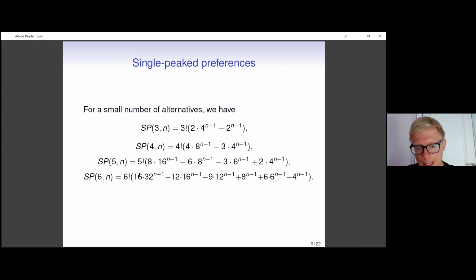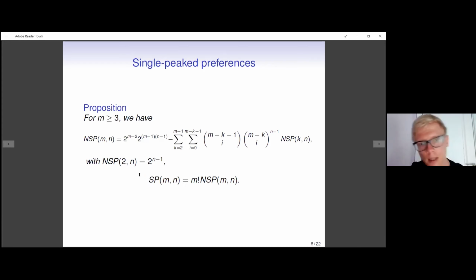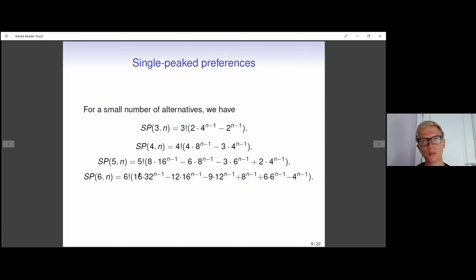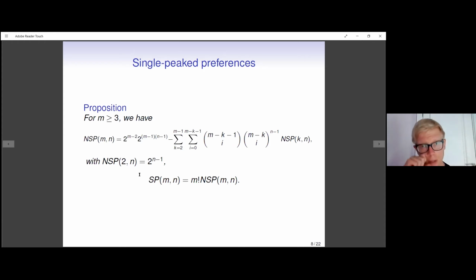And what is interesting is to find a way to generate SinglePeaked preferences uniformly. So up to date, we have only an algorithm for how to generate SinglePeaked preference profiles with a given axis. Having the precise number of SinglePeaked preference profiles, we can get conditional probabilities of special types of SinglePeaked preference profiles, and we can construct an iterative algorithm of uniform random generation of a SinglePeaked preference profile.